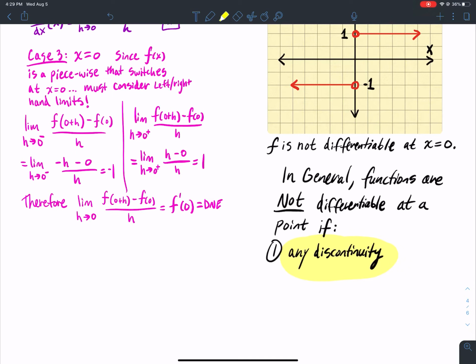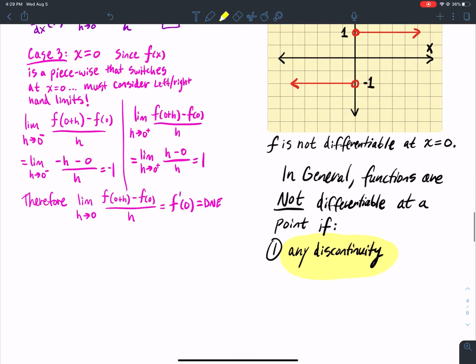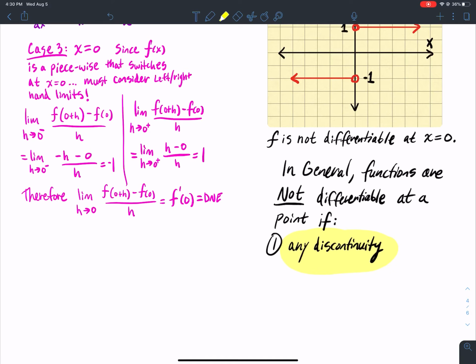So to be continuous is a result of being differentiable. So if it's not continuous, it's not differentiable. Now, that means if you've got a hole or a jump or an asymptote at the x value of the function, then that means that it's not differentiable at that point.